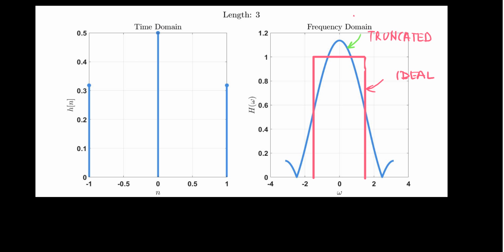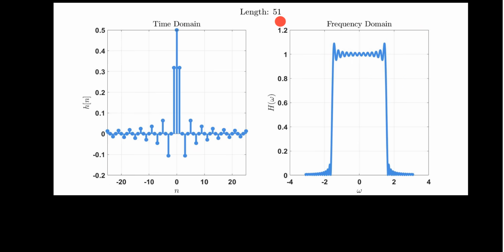We can observe that there is quite a huge deviation between the expected or ideal one and the one obtained after truncation, and the length of this filter is simply 3, which is quite short. So let's see what happens if we increase this length. Now the length is 51, and hence this filter will have non-zero values for n equal to minus 25 to 25.